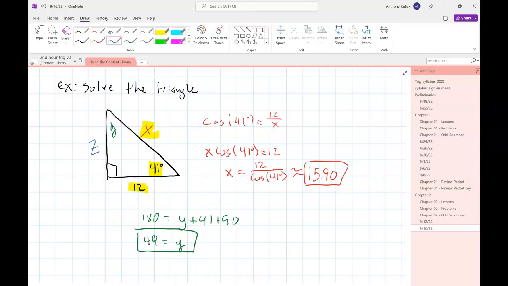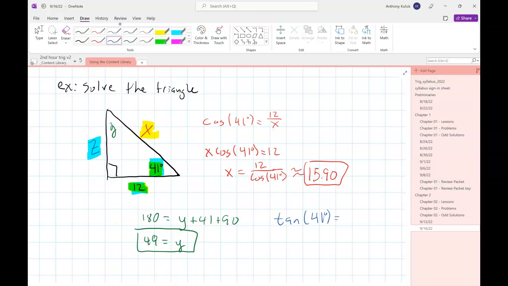How am I going to find z? So I think Emma's saying that considering the 41, we know the adjacent, and we're looking for the opposite, so we could use tangent, would be what I would use.